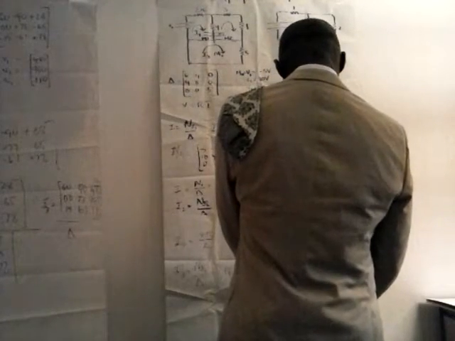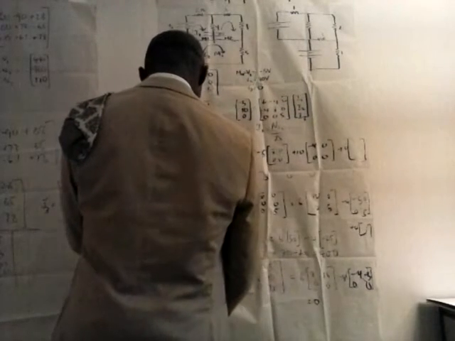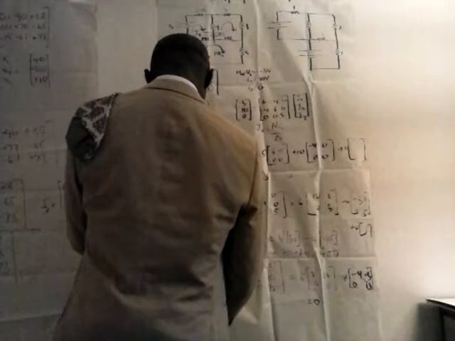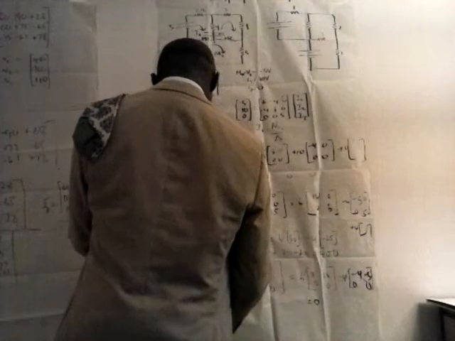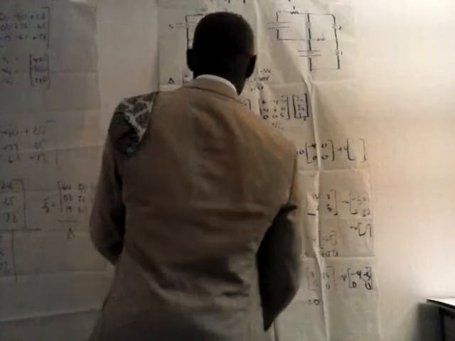So this comes out to be 0 as well. So that I3 is equal to 0 over delta equals 0.